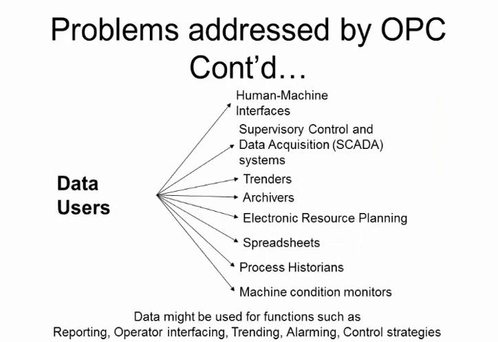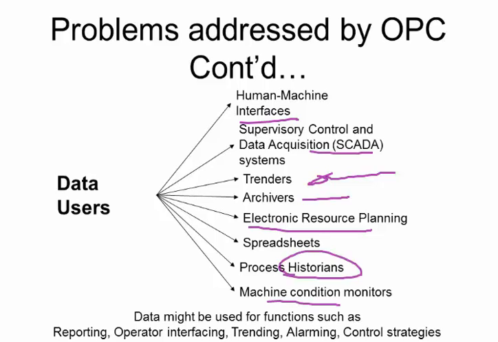Again, there are lots and lots of users of data out there: HMIs, SCADAs, trending devices, archival users, ERPs, resource planning type systems, historians, condition monitoring. It might come out to operator interfaces, trends, alarms, controls.